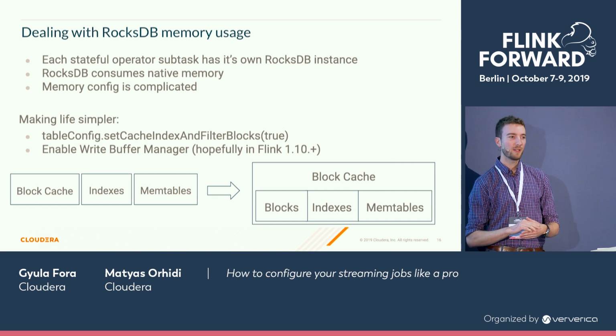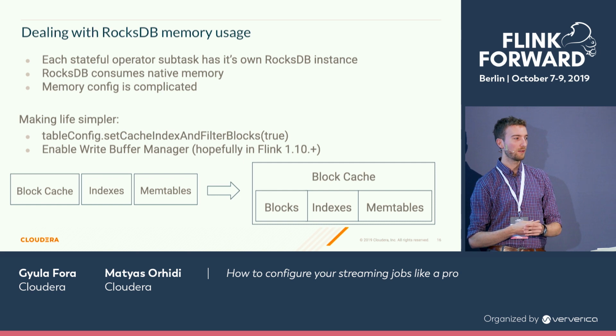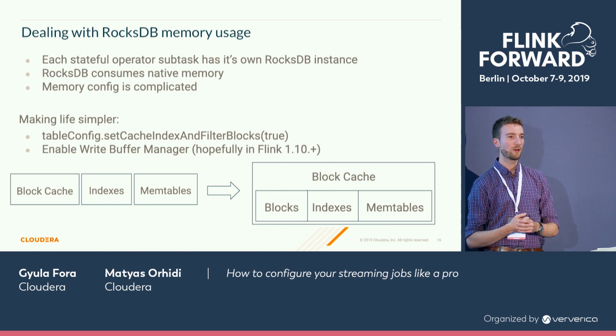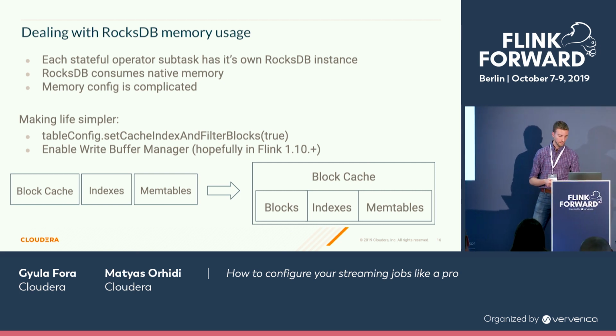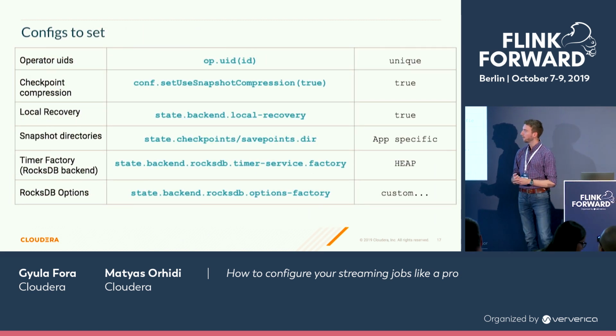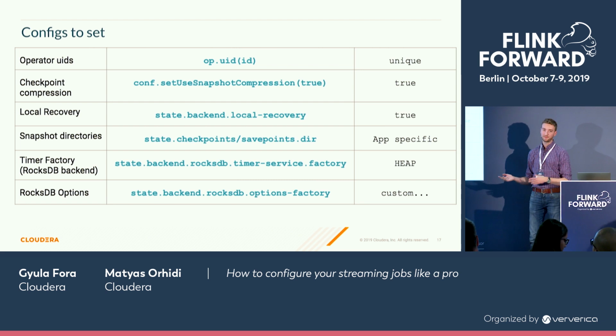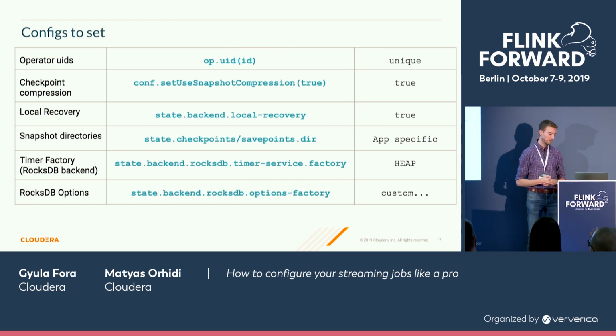It's still under development. In our Cloudera fork of Flink, we are also experimenting with it, so maybe you get to try it soon. Here are some of the config options that I mentioned. Come back later and check it out.